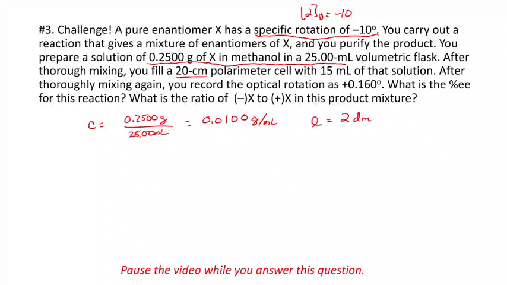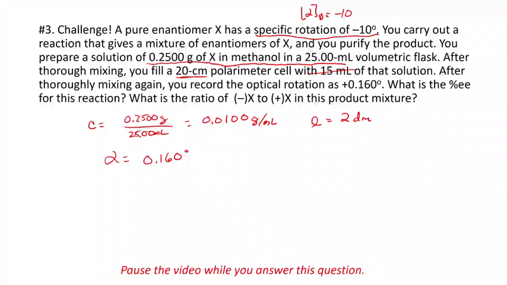It takes 15 milliliters of that solution, but you know what? We don't care. That's not a piece of this equation. After thoroughly mixing again, you record the optical rotation as 0.160 degrees. Alpha is 0.160 degrees. What is the percent EE for this reaction?